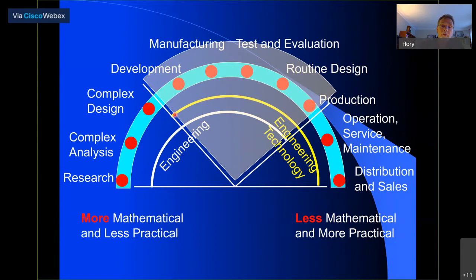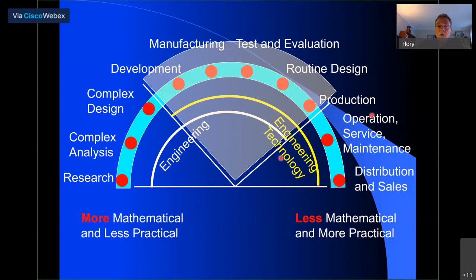Engineering technologists, which generally stop at the baccalaureate degree, are not generally going to be going into these areas unless they go to graduate school and study further. But you can kind of see where the overlap would be.